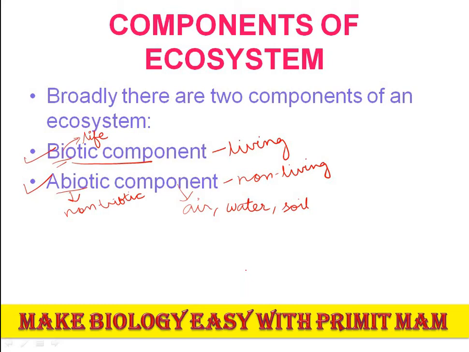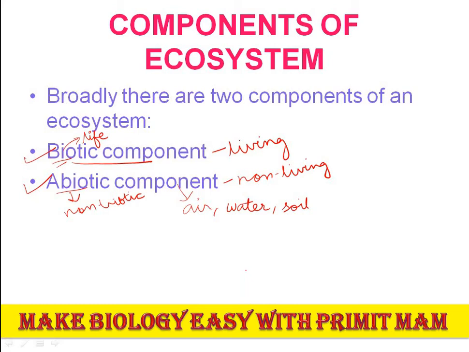Do you think without any of this, the living organisms could be able to survive? No. Plants are directly dependent on soil and water. Plants get nutrients from the soil, and nutrients are taken up by the plants from the soil with the help of water. Animals are also directly dependent on water and air.